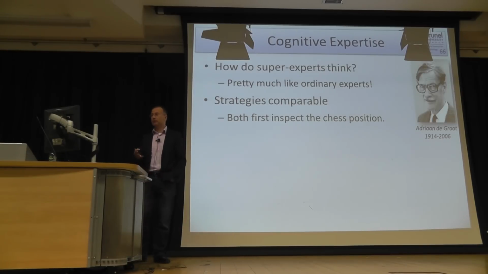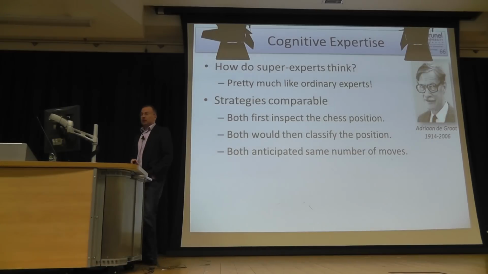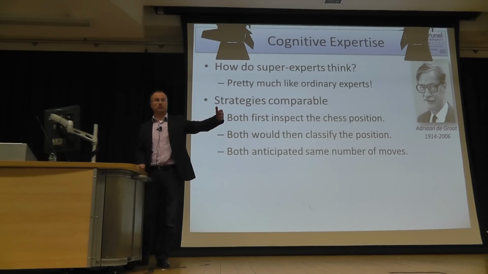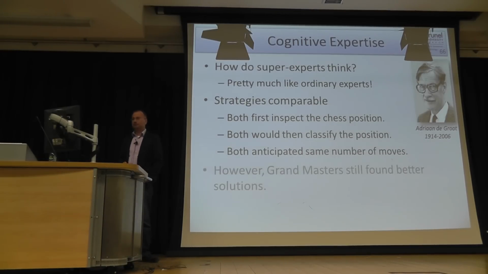So for instance, both first inspect the chess position, then they would classify the position, oh, it's that type or something. Both anticipated the same number of moves. Often people think, oh, a chess expert thinks more ahead than other people, anticipates more moves than a regular expert, but it's not the case. However, they still found better solutions than normal experts.